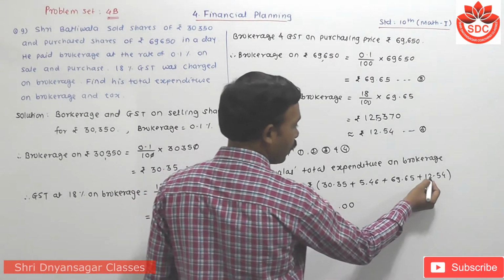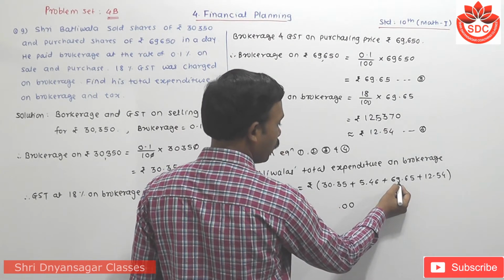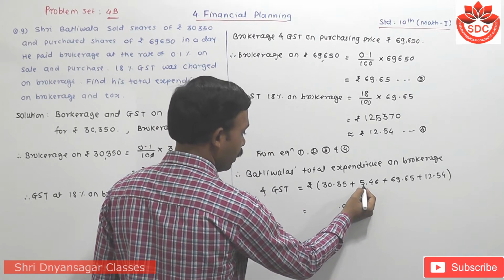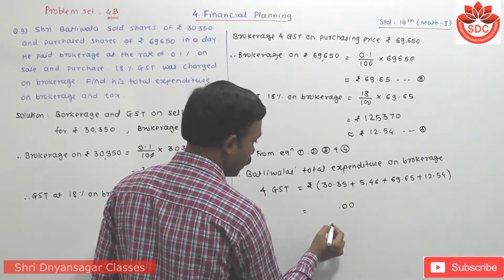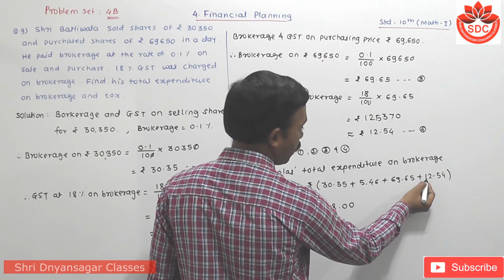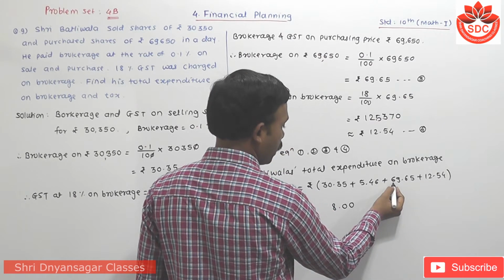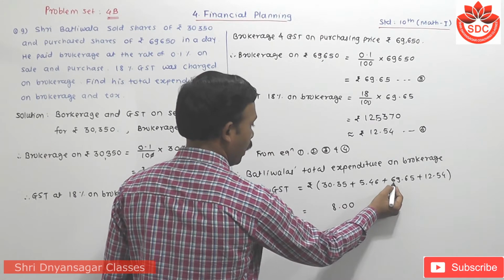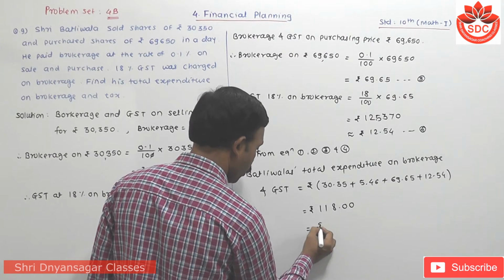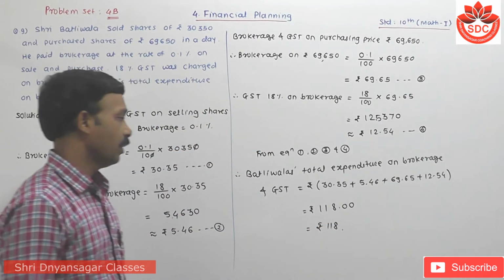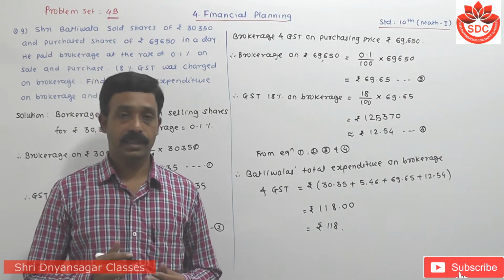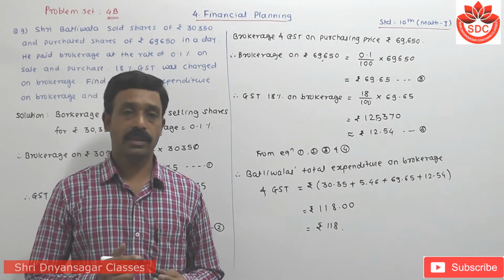Then take the decimal point here, then 2 plus 2 is 4, 4 plus 9 is 13, 13 plus 5 is 18, 18 as it is, carry 1, 1 plus 1 is 2, 6 is 8, 8 plus 3 becomes 11. So this is rupees 118. This is the total expenditure for Batliwala on brokerage and its GST or tax. Okay, we take the next question.